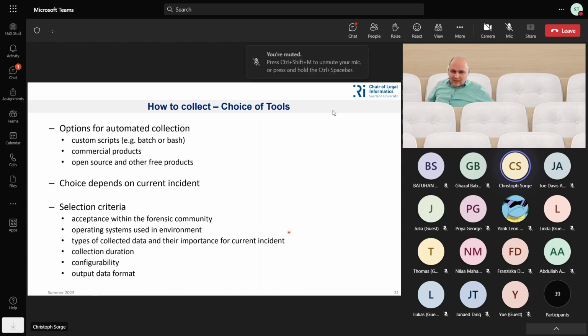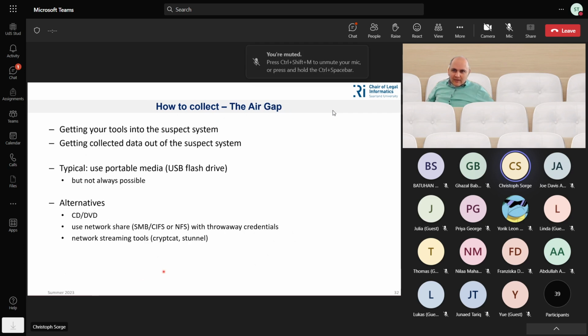Types of the collected data: for memory images you will use a different tool than to collect network information. How long do the tools take? How easily can you configure them, or how many configuration options do you even have? And what is the output data format? So how can your analysis tools handle the output data format used by the collection tool?